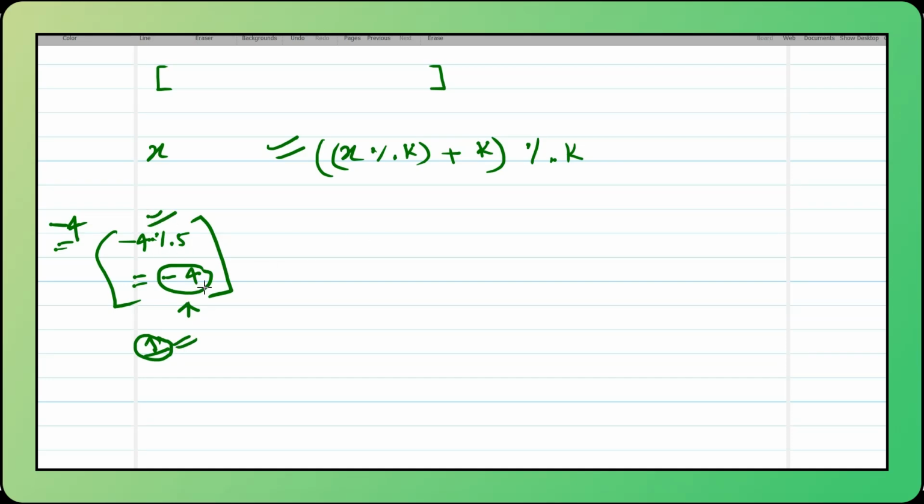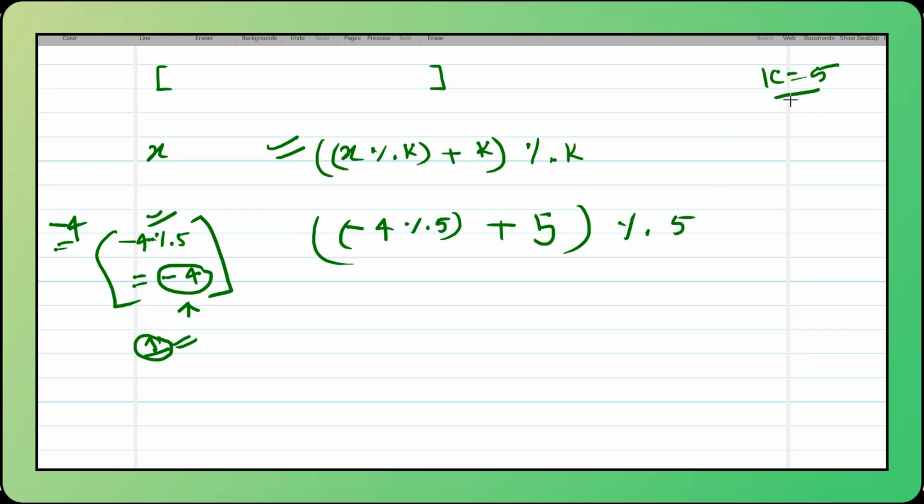But how does this calculation happen? Let's apply the formula here. X is minus 4, so minus 4 mod k, plus 5, where k is 5, again modulus by 5.